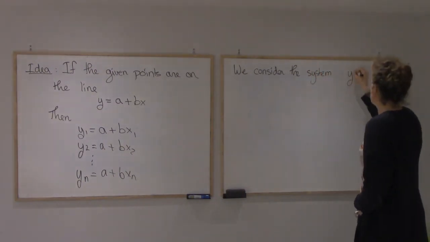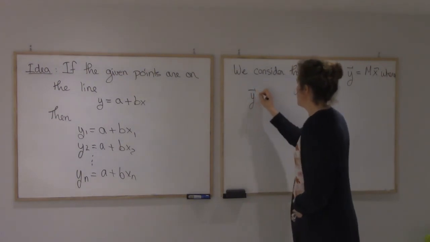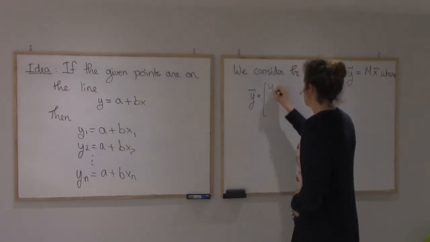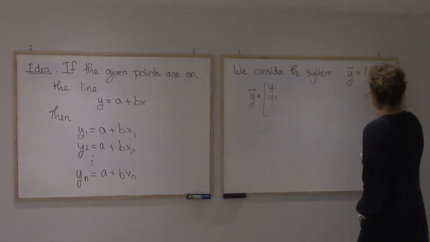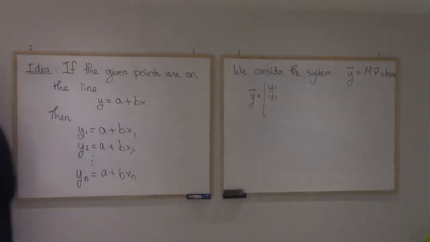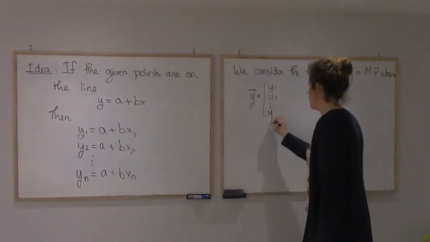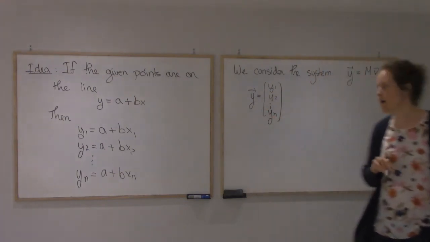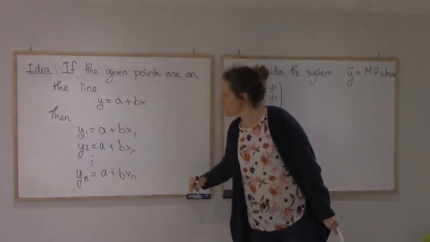So y equals Mv, where y is the set of y values, which is why I'm going to use y as a vector. So those are going to be the constants in my system.